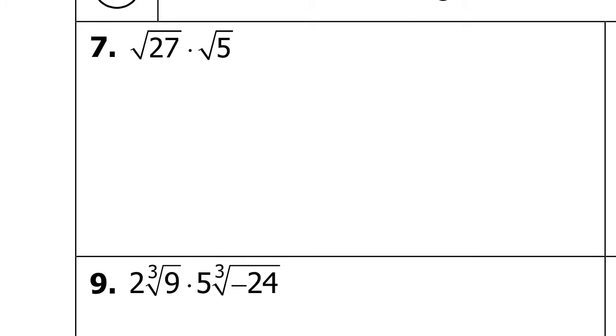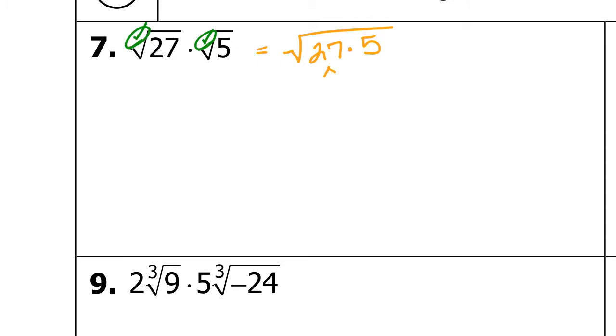So the first thing we want to do here is check our index, make sure that our indexes are the same, and they are. We are taking the square root of both of these numbers. And so what my product rule says is that since my indexes are the same, I can put both radicands under the same radical symbol. So what I have done is I've multiplied, and my second step is to simplify that radical.